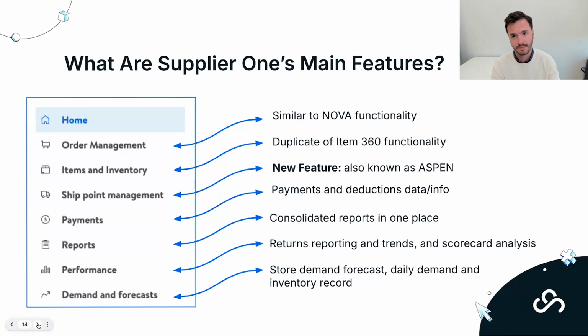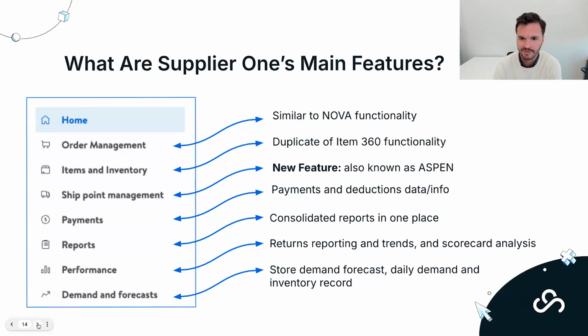Well, that's an enormous amount of work that goes into the development of that app in Retail Link. So for Walmart to be creating new apps in Retail Link and then offloading them in the matter of a few years, that should be sending a message of one kind or another. So I want to call that out. Aspen is now gone. It was new. Maybe you never heard of it. It's gone, and now it lives in ship point management in SupplierOne.